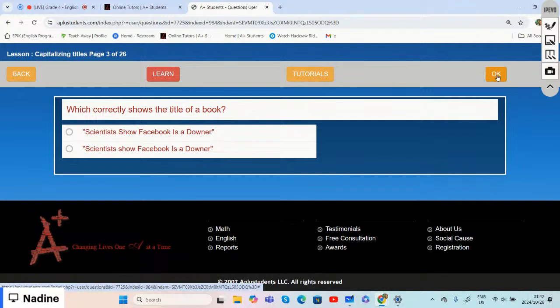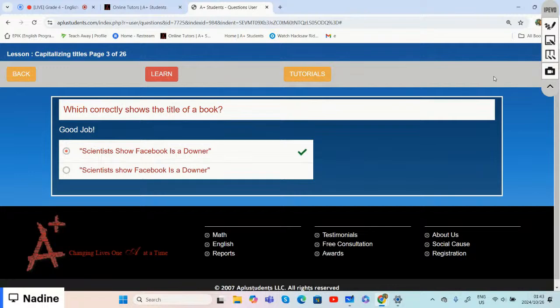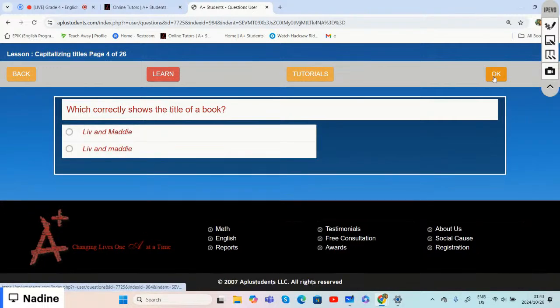And if we were to choose the correct option, we can say Scientists Show Facebook Is a Downer. Yes, it's a downer. Don't know what they mean, but it is a downer.